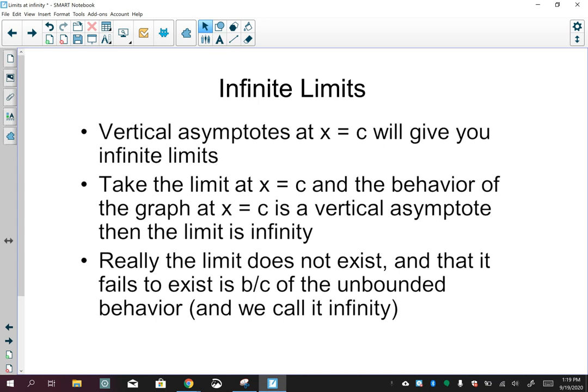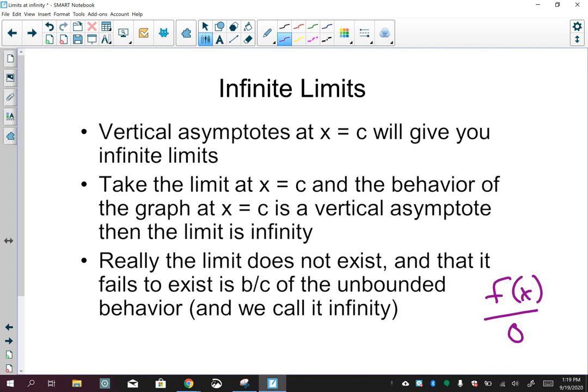This goes back to what I just said a few seconds ago about that indeterminate form. You have a rational function where your bottom has gone to 0, but your numerator didn't cancel out.